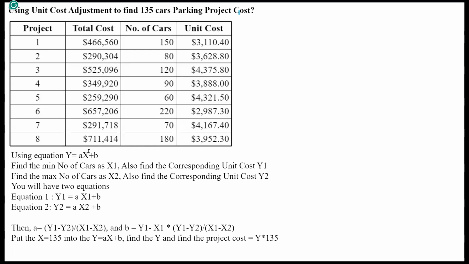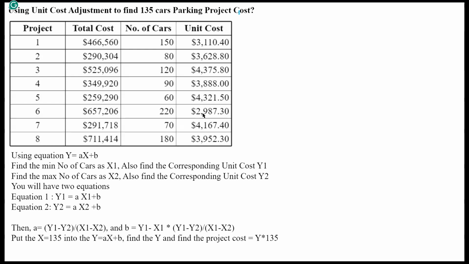So you can use that equation and find the number of cars as X1, which is the minimum, which is X1 equals 16. Then the corresponding Y1 is this. What is X2? 220. And then Y2 is this one, right?